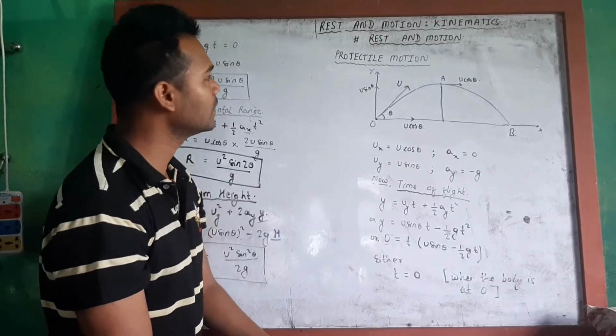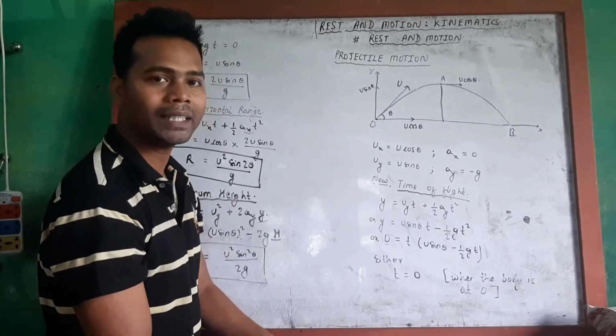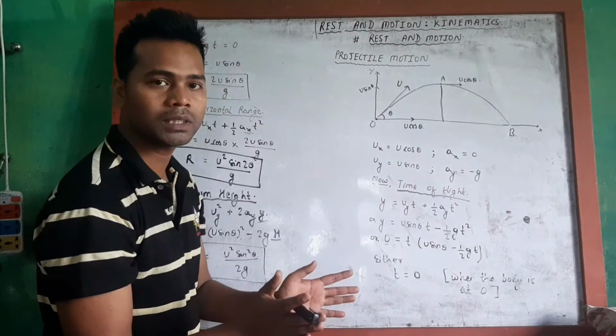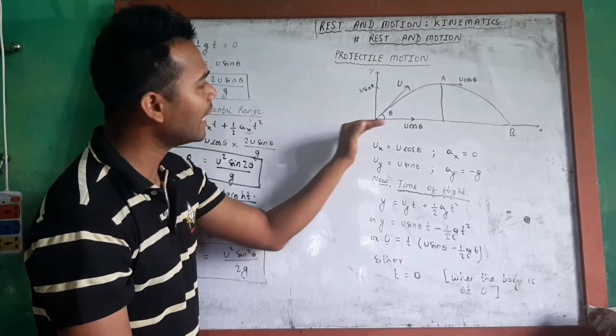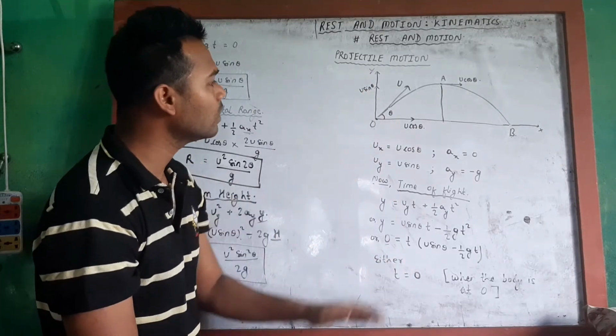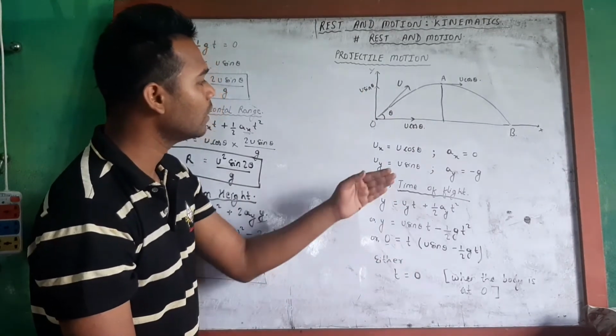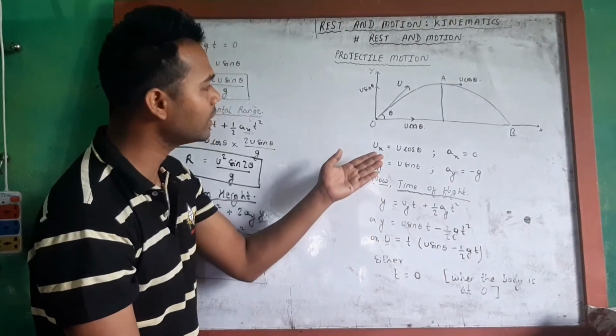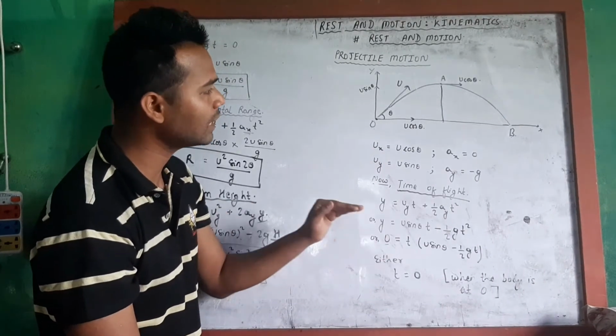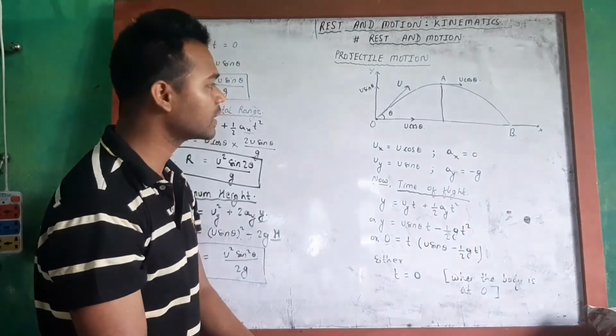And since this problem is in the xy plane, we can reduce it to two separate problems, that means the motion along x-axis and the motion along y-axis. Now let us take out the components of the different quantities, that means of the velocity and acceleration along x-axis and y-axis.